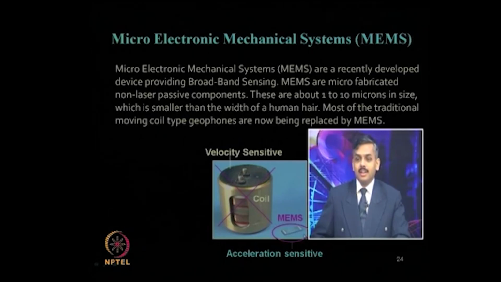So, most of the traditional moving coil type geophones are now being replaced by these MEMS. These are very acceleration sensitive, whereas the earlier geophones were velocity sensitive.